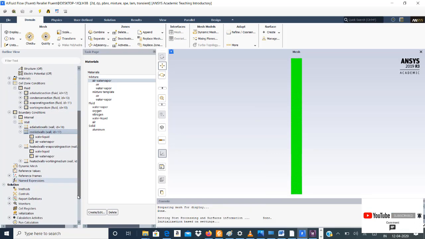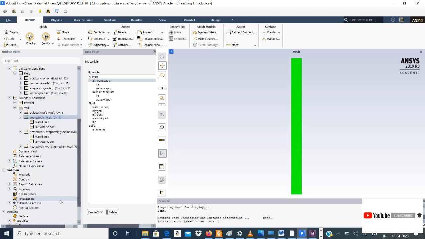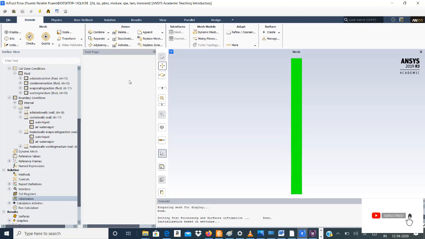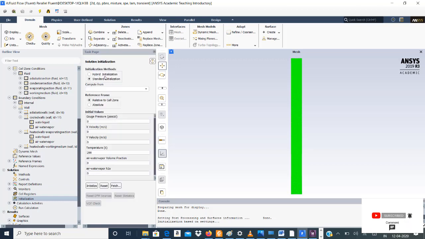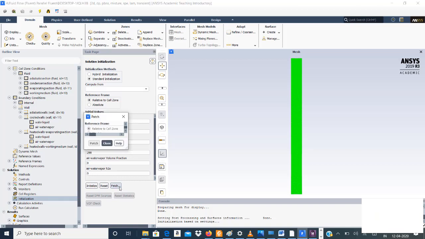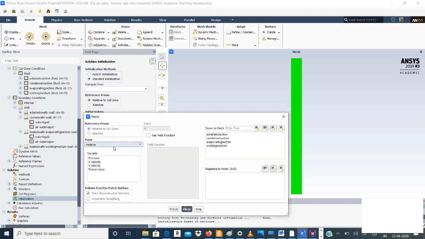Now I've initialized, given a standard initialization with the temperature of these values, and after that you need to patch it. While patching, I went to air water vapor fraction. Air water vapor would be present only in the three sections: adiabatic, condenser, and evaporation section.